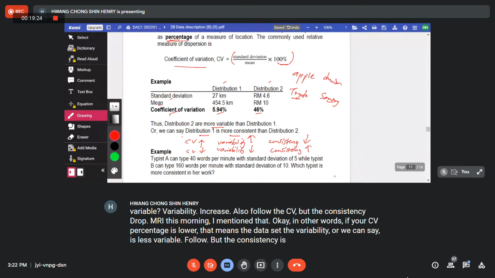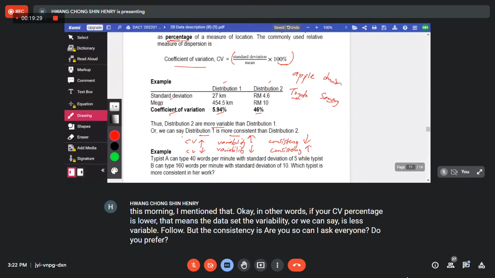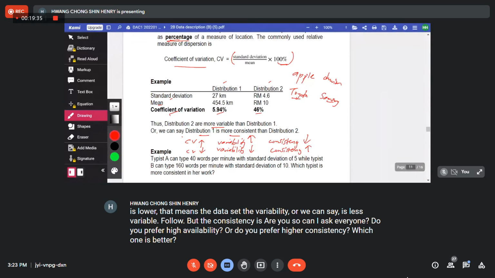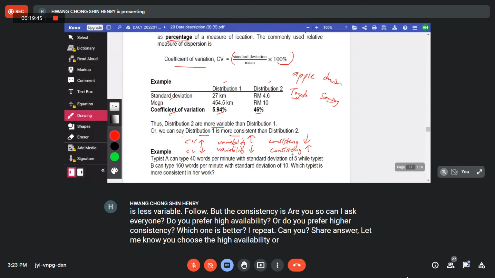So can I ask everyone, do you prefer higher variability or do you prefer higher consistency? Which one is better? I repeat. Can you share your answer? Let me know. Do you choose the higher variability or the higher consistency?